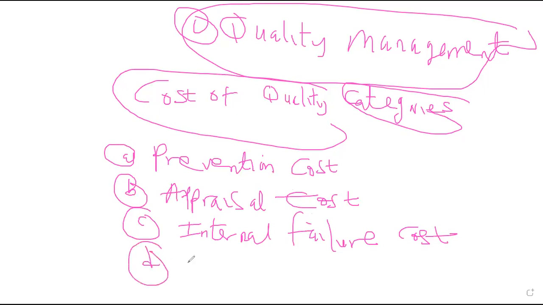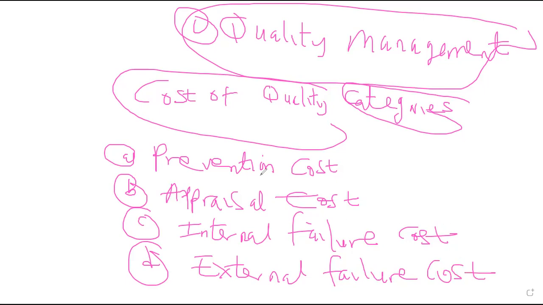Then look at the external failure cost. These are the cost of quality categories. All right, so all these are the ones that we have.